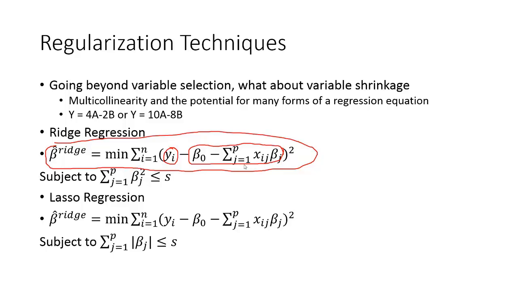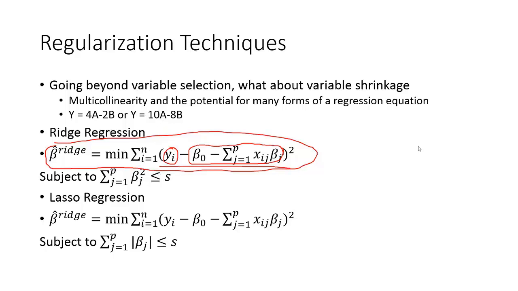So essentially j goes from 1 to p, meaning p is the total number of independent variables, and n is the total number of data points. So you do it for each data point. You look at the deviation of the actual value from the estimate or the predicted value. And this deviation is what needs to be minimized. The square of this deviation needs to be minimized in an ordinary least squares regression.